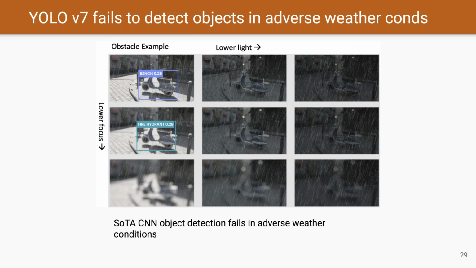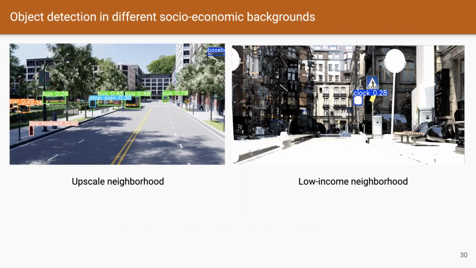Although the probability is low here, it is unable to identify the object in any of these other scenes, which we can clearly see, at least in slightly lower light conditions. Even the current state of the art, YOLOv8 and other methods, the state of the art CNN, still fails to identify these objects.